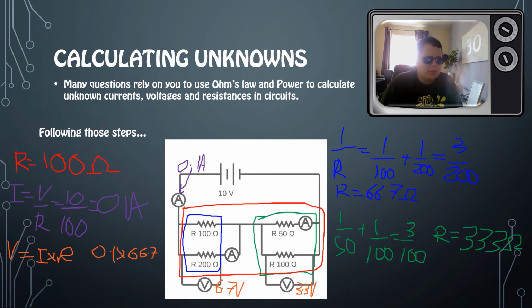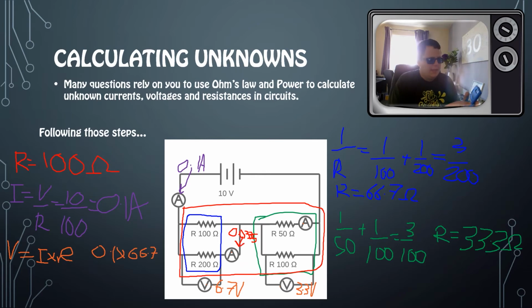Then the final bit is to work out what these two ammeters are. So we know we've got a voltage of 6.7. We know we have a resistance of 200. So here we're going to do our 6.7 divided by 200 to give us 0.0335 for this ammeter.